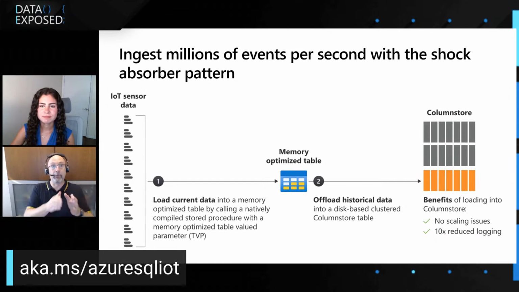And then after those few hours, we move the data to the column store based table, and it will live there for potentially months or even years, depending on the maximum amount of time that you want to retain your data points.